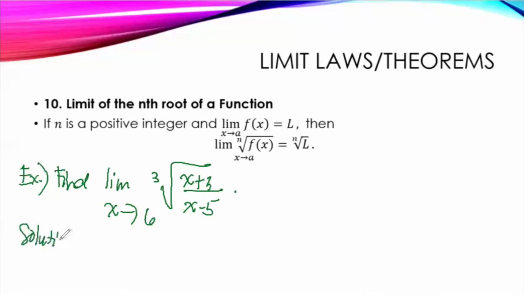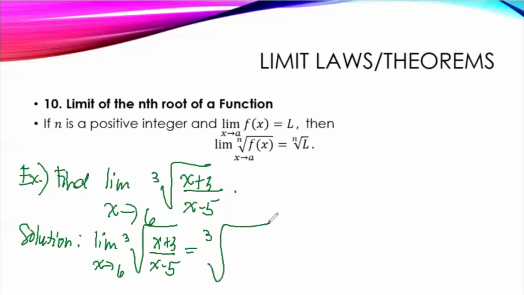Solution. This is simply equal to the limit of the cube root of x plus 3 over x minus 5 as x approaches 6, which is equal to the cube root of the limit of x plus 3 over x minus 5 as x approaches 6.